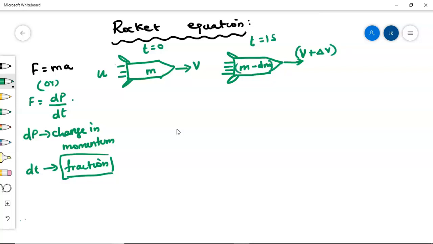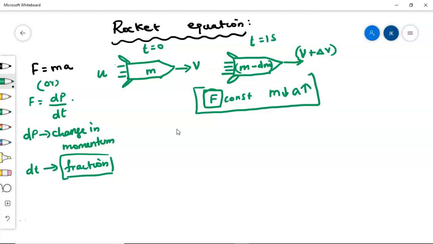Because acceleration increases. As the mass of fuel decreases, the total mass of the rocket decreases. Even though the thrust is constant, the mass decreases, so acceleration increases, as we discussed before. So force is constant here, mass decreases, so acceleration increases. This is the concept we get from Newton's second law.